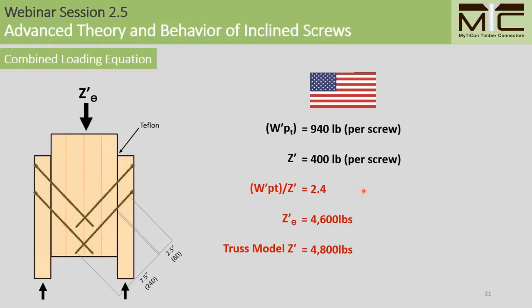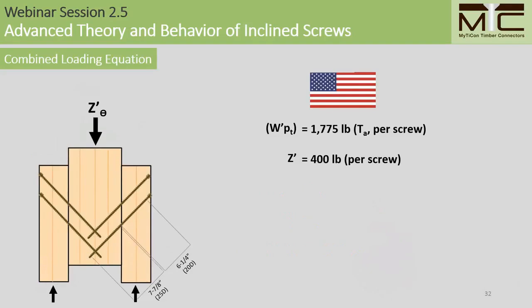With 8 screws, we have an adjusted combined loading value of 4,600 pounds compared to a value of 4,800 pounds when calculated according to the cosine component idea of the Truss model. So here it would seem that when we disregard the effects of friction, at least in our Truss model, there is reasonable agreement between the two models. However, when we look at the next specimen, we'll see that this is not always the case.